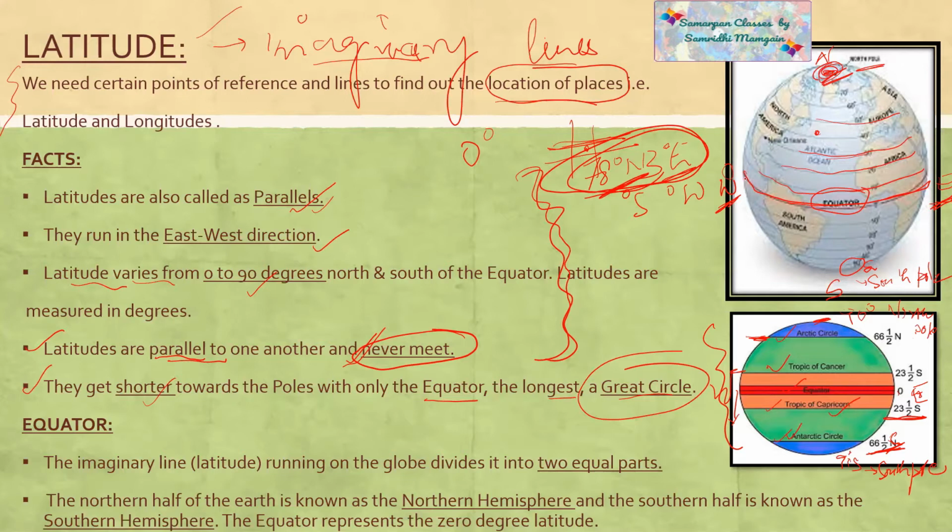A great circle is this: if you cut the earth at 0 degrees equator, you would cut the earth into 2 equal halves. One half is the northern hemisphere and the other half is the southern hemisphere. When a sphere is cut in such a way that it divides the sphere into 2 equal halves, the circle which is made is known as a great circle.